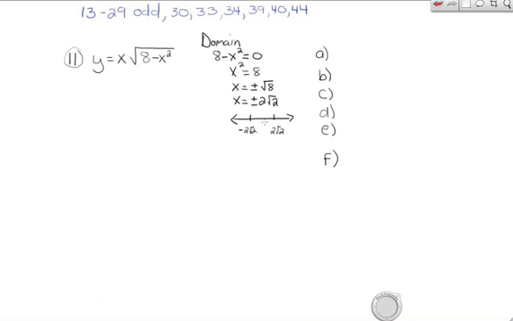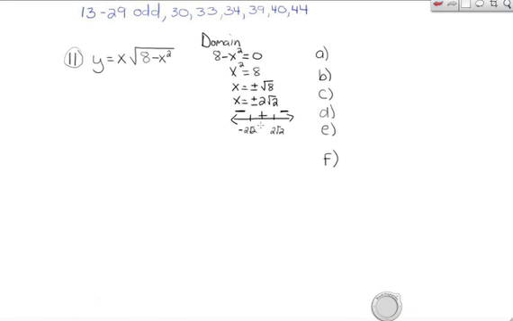So if I pick a number like 0, which is in between those, I get a positive number for 8 minus x squared. If I plug in a number like 5 or 10, anything bigger than 2 root 2, I see that I get a negative. And the same thing happens if I plug in a number out here.